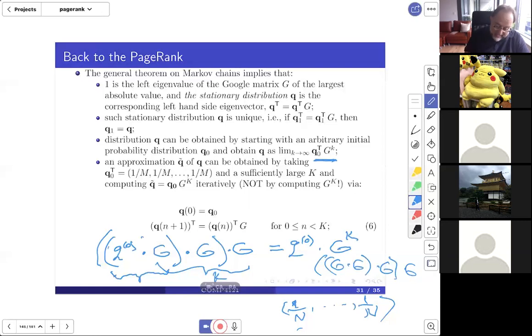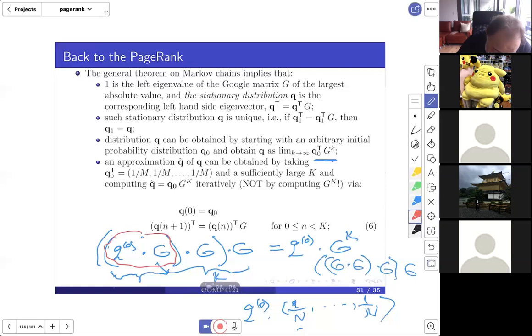Okay. So this is their Q0. And then they just do this fast multiplication by G, get the resulting vector, and then they multiply that vector again with G and keep doing that K times. And initially it would take about a day to compute the page rank.